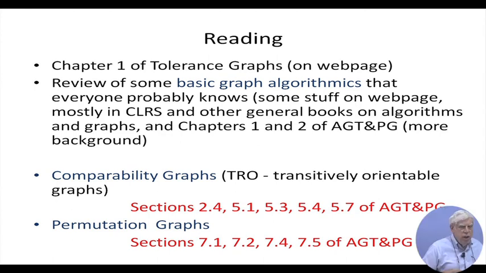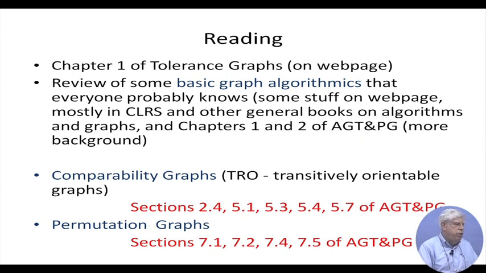Some reading that you can do if you would like, which is highly recommended. As an introduction, you could read chapter 1 of the book Tolerance Graphs, which is on my class website, by Martin Golumbic and Anne Trenk. And you can review some of the basic algorithms that everyone probably knows from their previous courses, in chapters 1 and 2 of my book Algorithmic Graph Theory and Perfect Graphs.